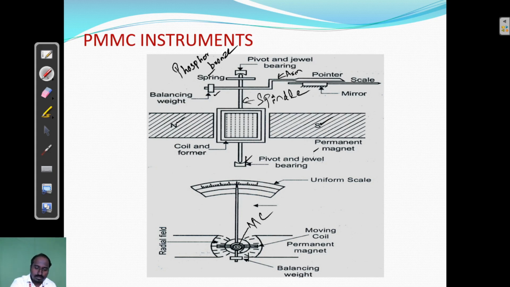Then this is the balancing weight. The need for the balancing weight is to balance the pointer so it does not freely oscillate. To maintain a weight balance, a balancing weight is used. Then the pointer moves on a uniform scale.